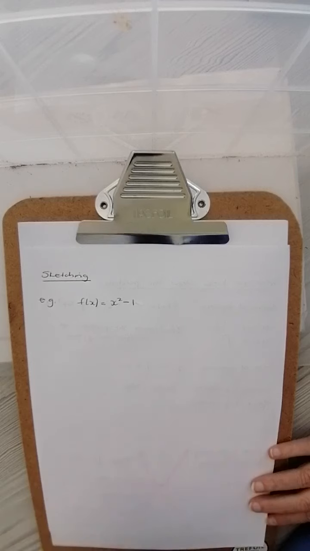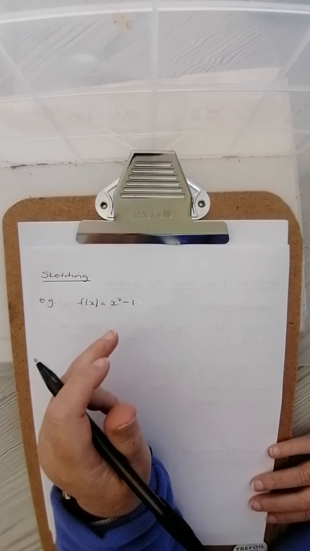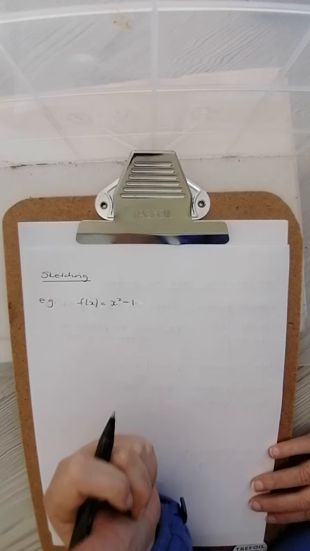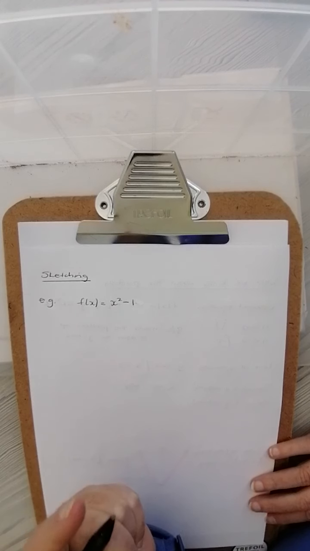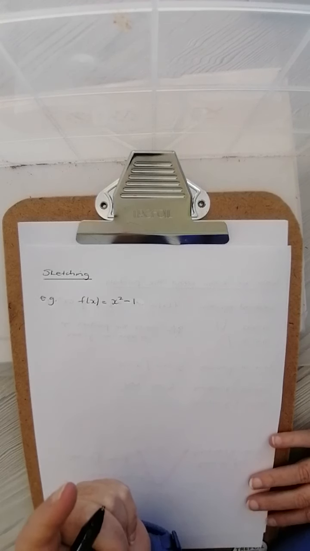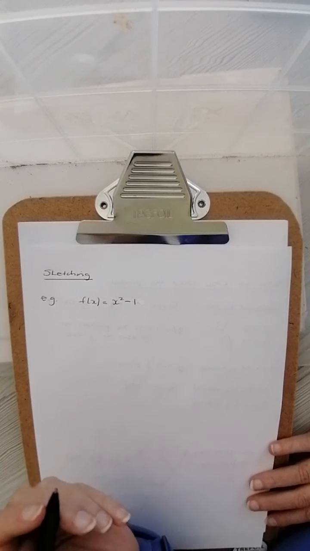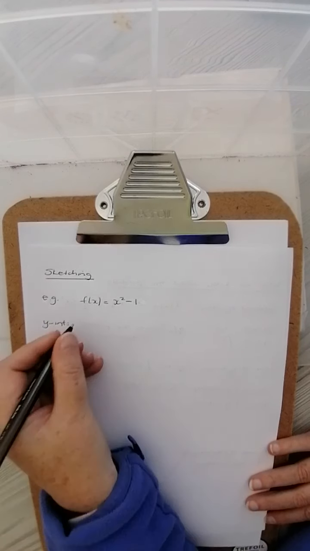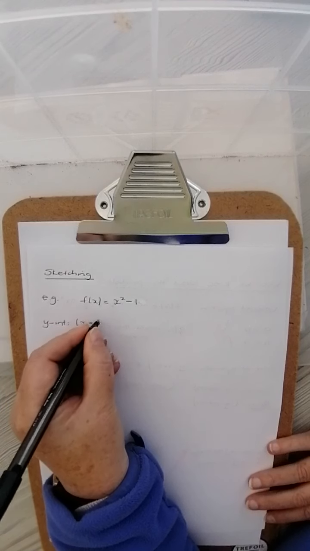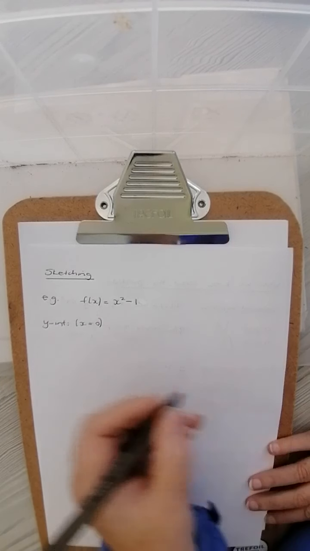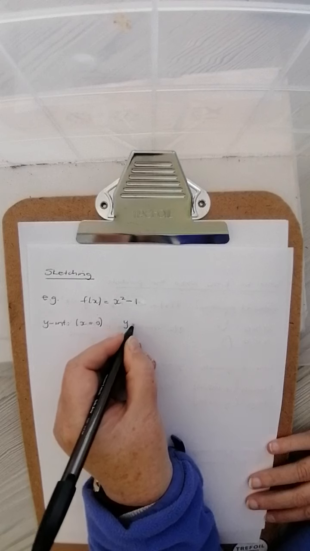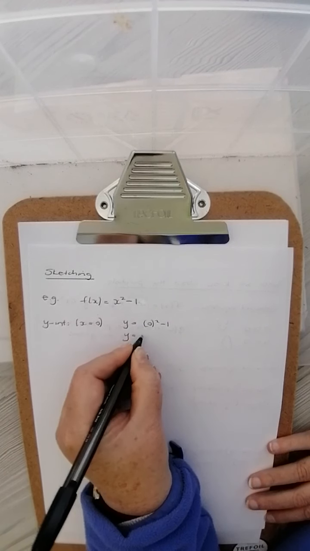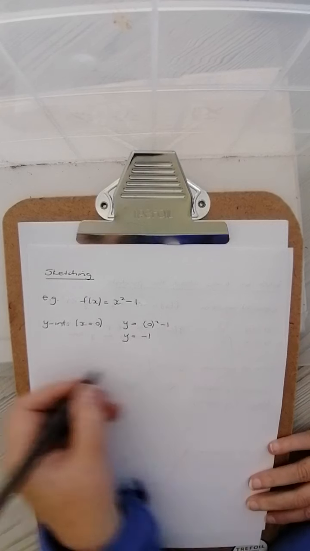Miss Menger said to you, with a straight line graph you get an x-intercept and a y-intercept. So for this one, let's get our y-intercept. How do we get our y-intercept? We make x equal to 0. Then y equals 0 squared minus 1, so y equals minus 1.